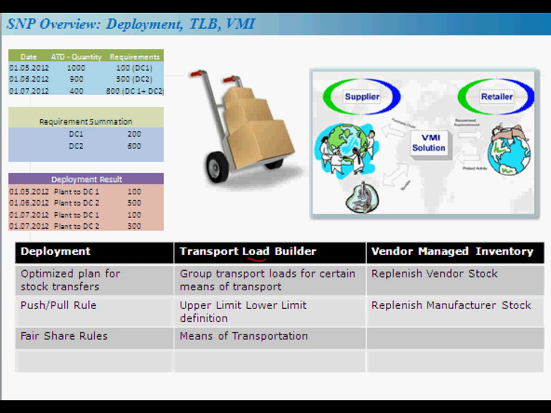So in that case, what quantity of goods goes to which DC is controlled by your deployment run. So there are various logics that are built in the system that help to distribute goods to the DCs in case there's a shortage in the plants. And transport load builder is used in case we want optimal utilization of our resources.